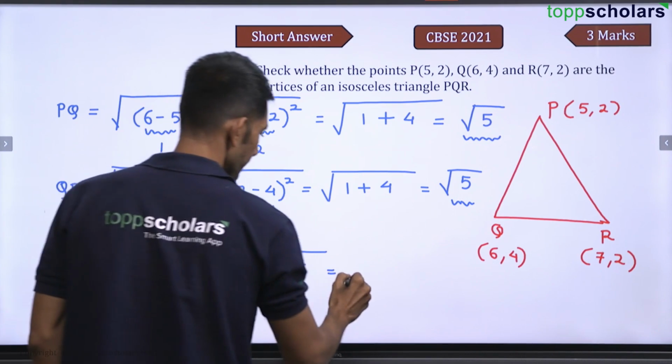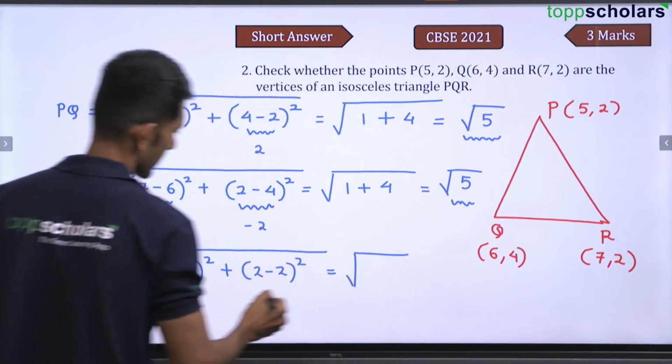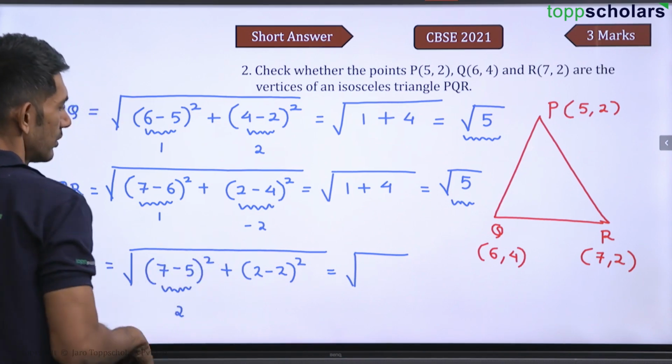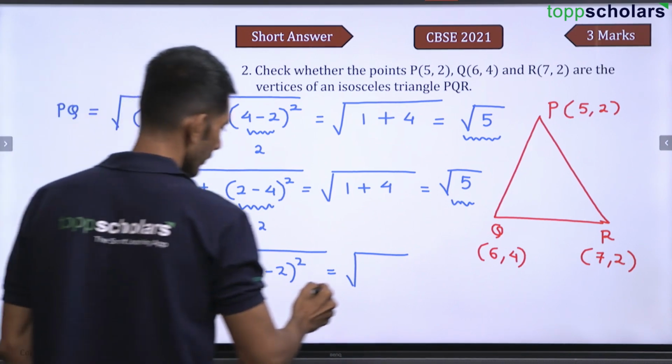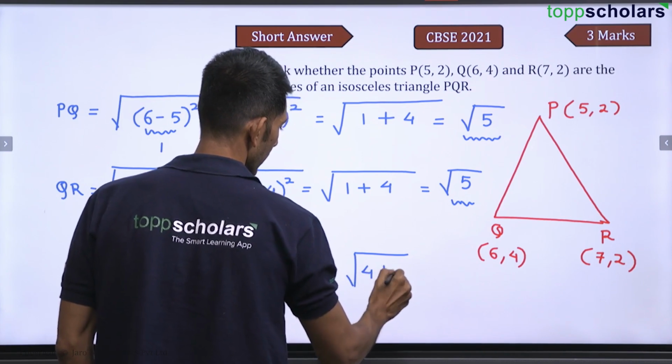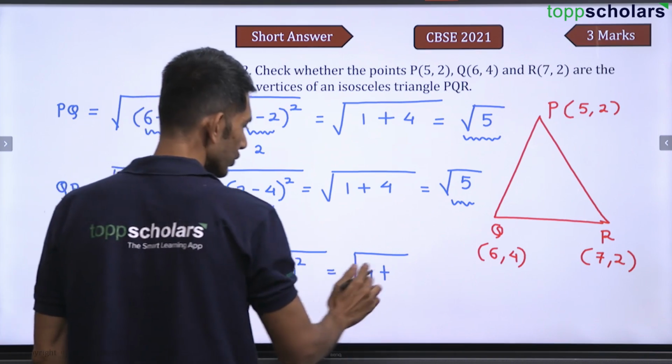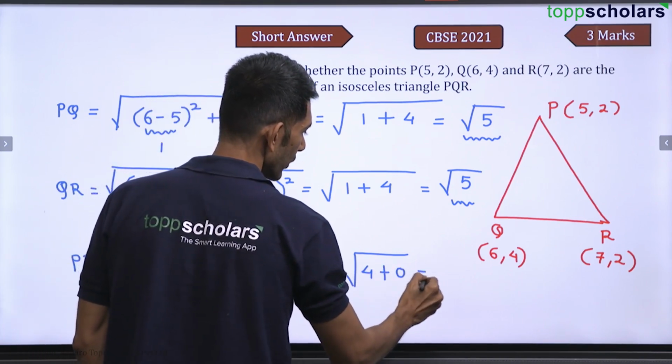That gives you under root 7 minus 5 is 2, right? So 2 square is 4, correct? And then 2 minus 2 is 0. So under root 4 is nothing but 2.